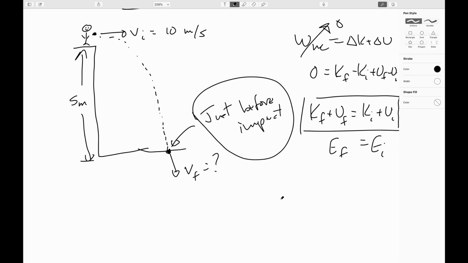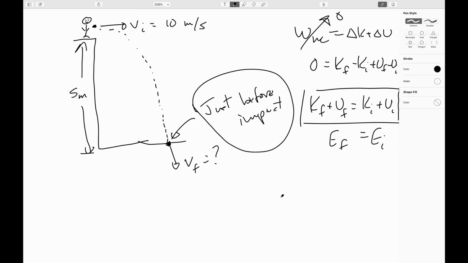In fact, when I look at problems like this, I actually like to take a page from our friends who do accounting and make a double entry bookkeeping type arrangement here. So all I'll do is I'll make a table of all the forms of energy I can think of.